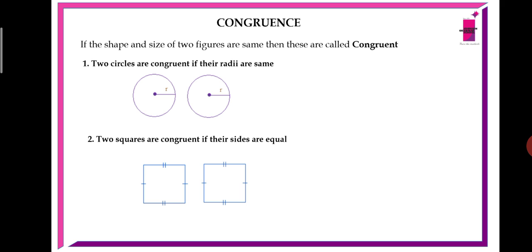In the figure it is given r and r, so they can be called congruent circles. In the same way, for squares, if the sides are equal. In rectangles, if the lengths and breadths are equal for two rectangles, they are congruent to each other.